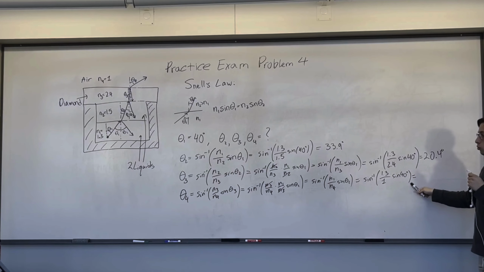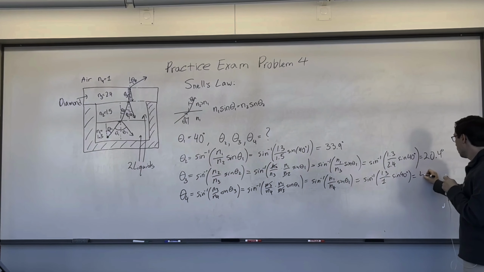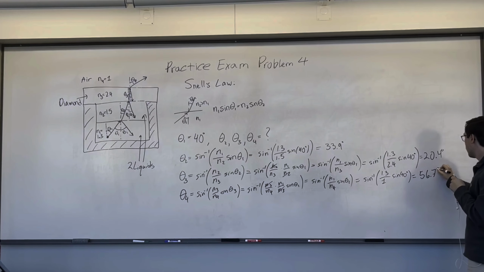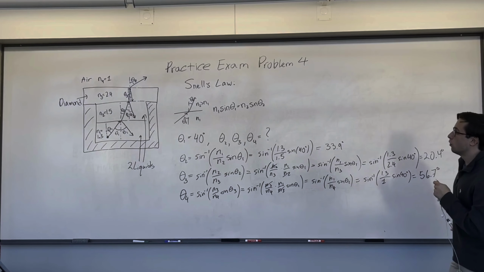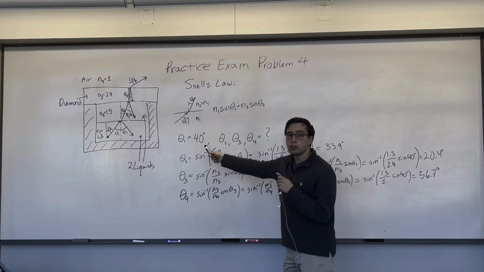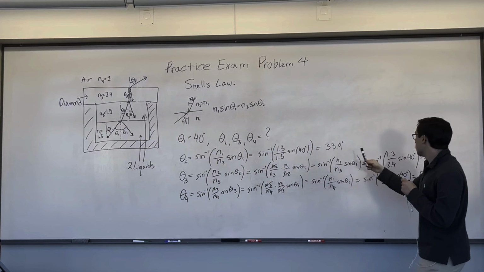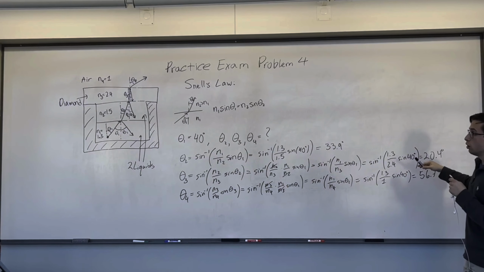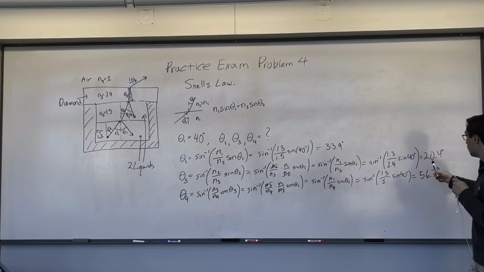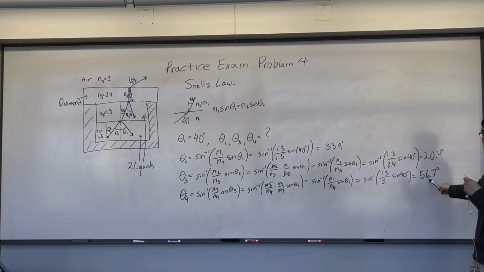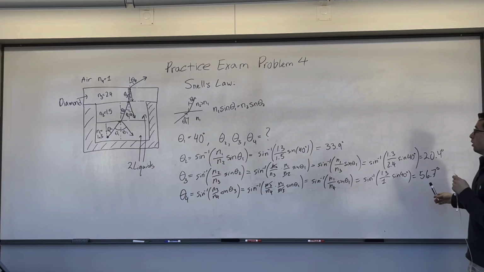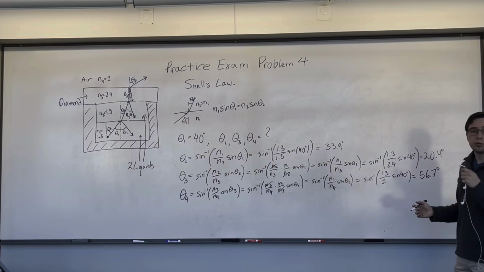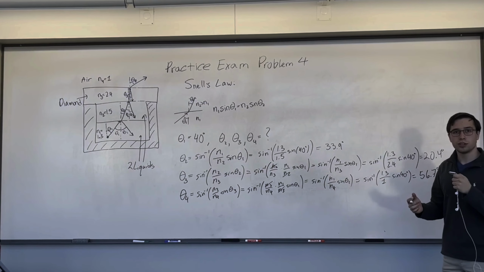And for our theta 4, we get a larger angle, because we're going from the diamond to air, which is 56.7 degrees. And so you can see we start off with 40 degrees. Our angle decreases twice because we're increasing our refractive index. Then we decrease it, and we get a larger angle. And that's problem 4 for you. Hopefully that was helpful.